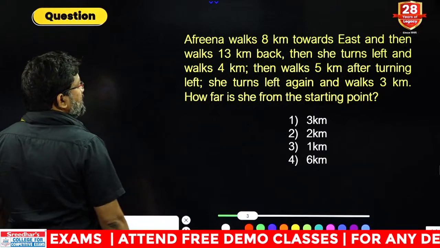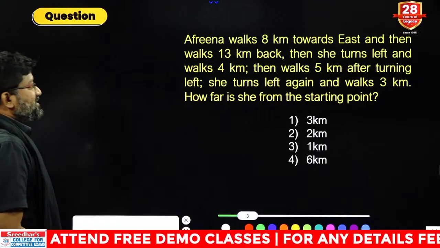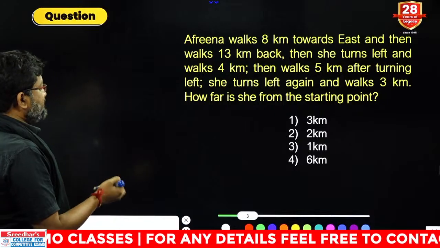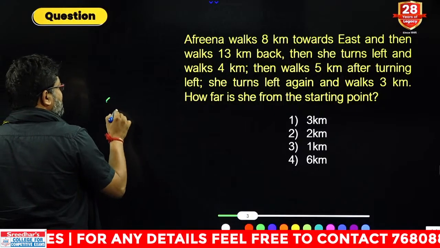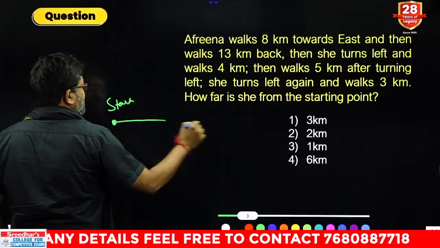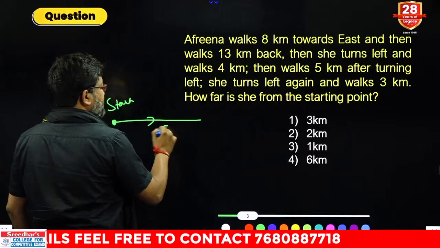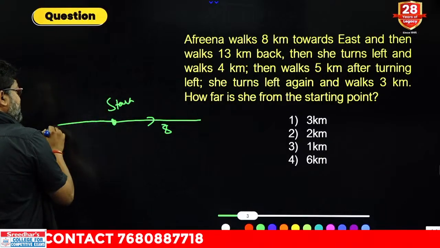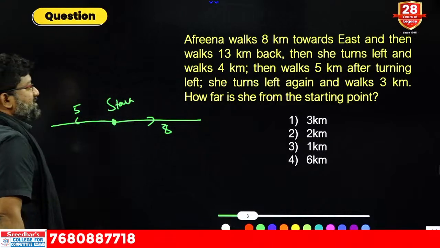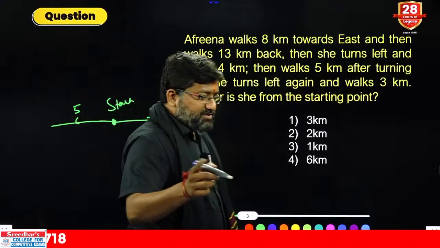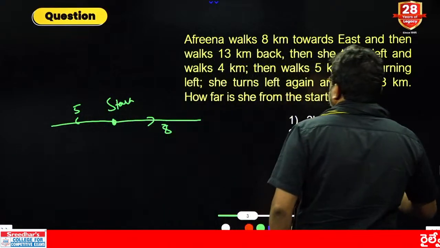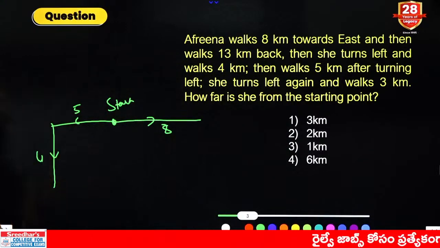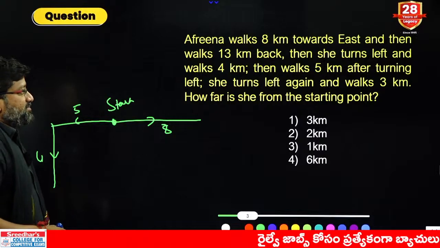Chalo. Afrin walks 8 kilometers east and then walks 13 back. Here is the starting point. East means always the right side for us. She goes 8 distance. Then she comes back 13 in reverse. That means from here we have to take an extra 5. And now she is facing towards west. What does she do next? She turns left and walks for 4. Left, and obviously downwards, 4. Now she is facing south. Then 5 kilometers turning to her left.